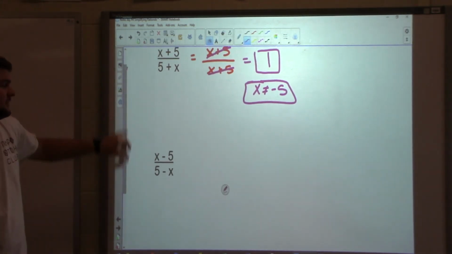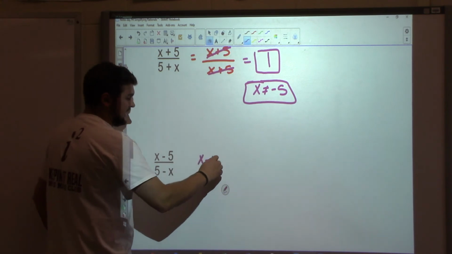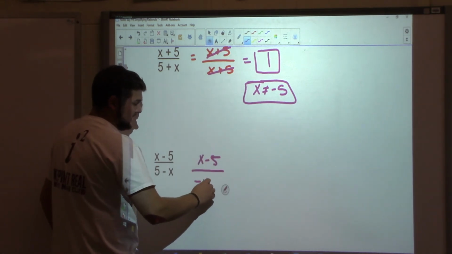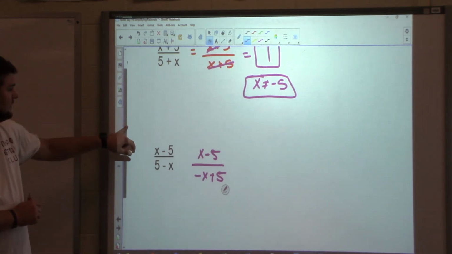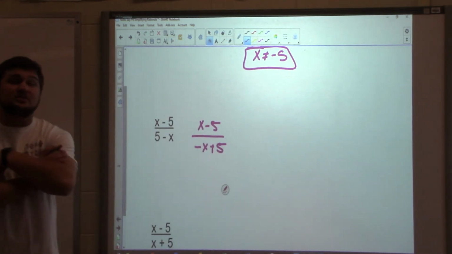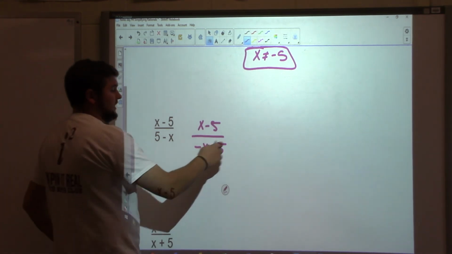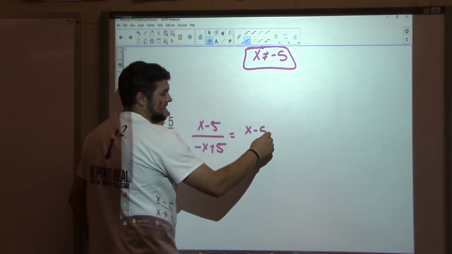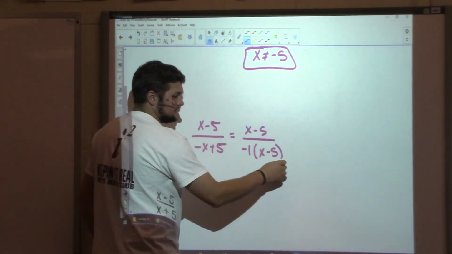X minus 5 over 5 minus x. Can I do the same thing, just cross them off? No. If I switch these around, I get x minus 5 over -x plus 5. Are those the same? No. Is there something I could do to that denominator to make it look like the numerator? I could factor out a -1. Then I get x minus 5 over -1 times x minus 5.